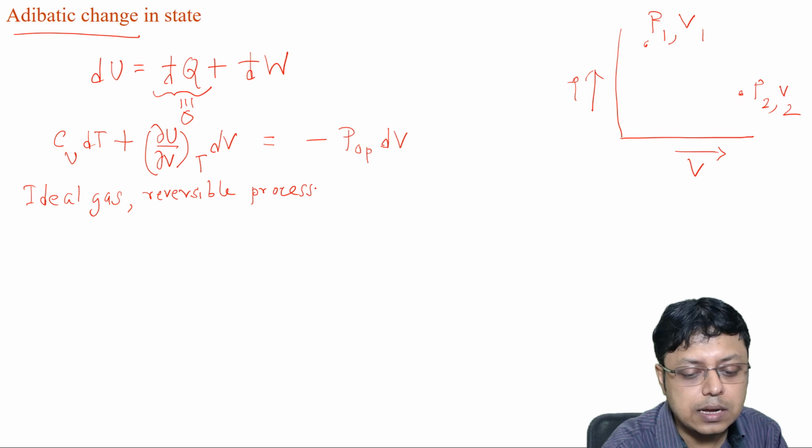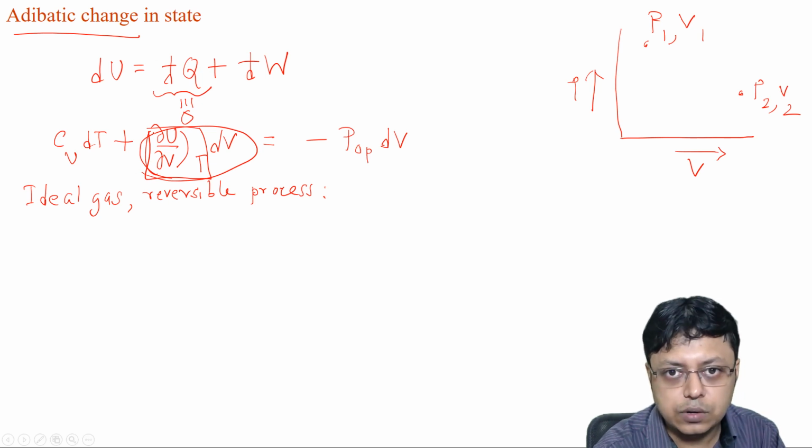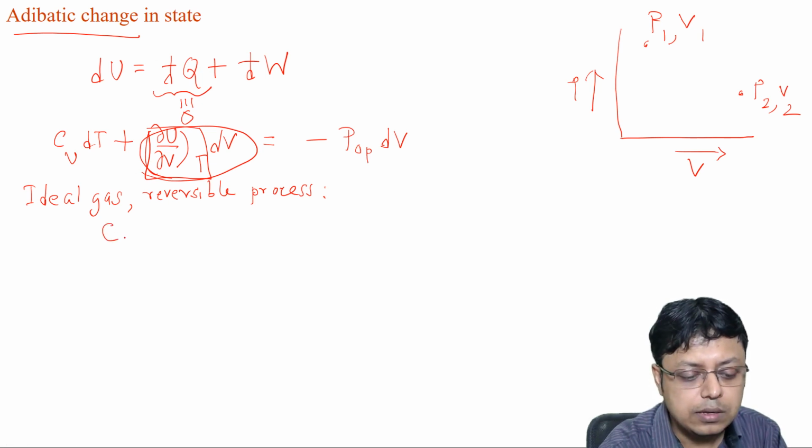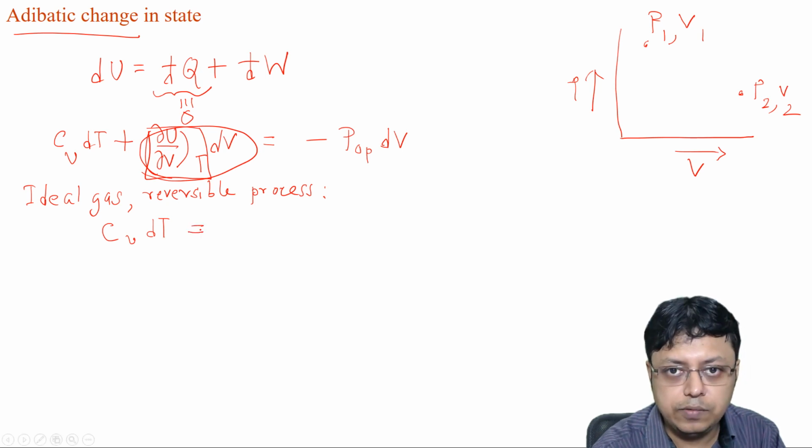Now we already discussed that for an ideal gas (∂U/∂V)_T, this term is 0. So we have Cv dT is nothing but minus P opposing dV.